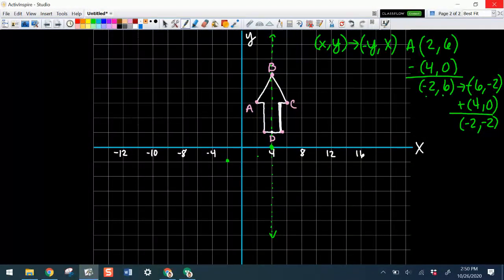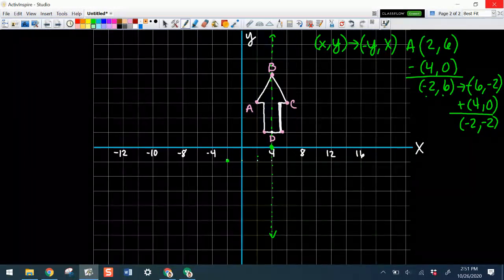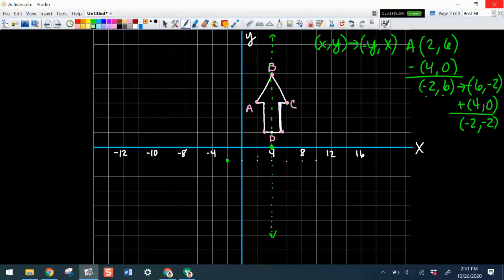So you see this point is located 2, 4, 6 from the line of reflection. So we'll go 2, 4, 6 on the other side of the line, and we'll label that A prime. That's where A prime is going to be located after the rotation and the reflection.